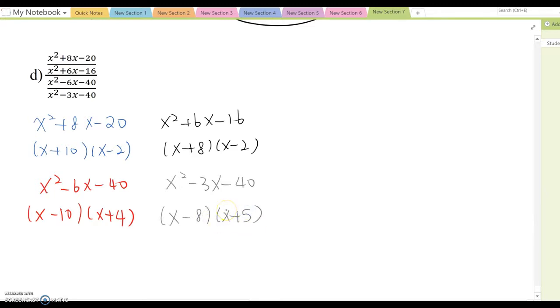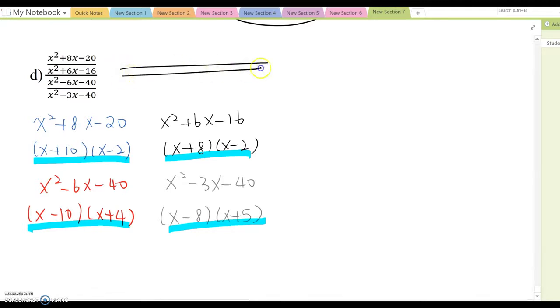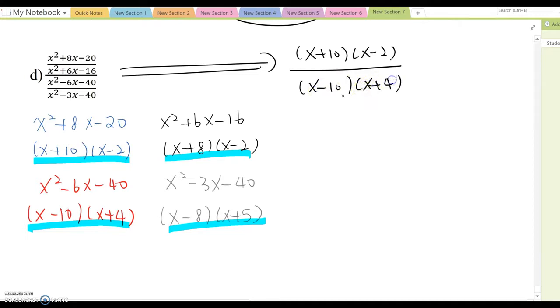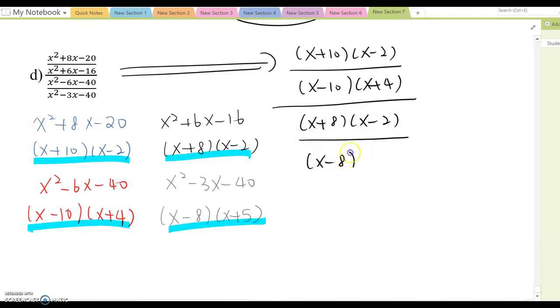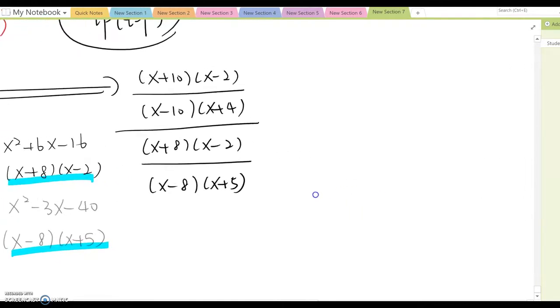So using those factored forms in each expression, this is going to be x plus 10, x minus 2 over x minus 10, x plus 4, over x plus 8, x minus 2 over x minus 8, x plus 5. Okay, so there are many different ways to solve this problem, but I will use the LCD method.